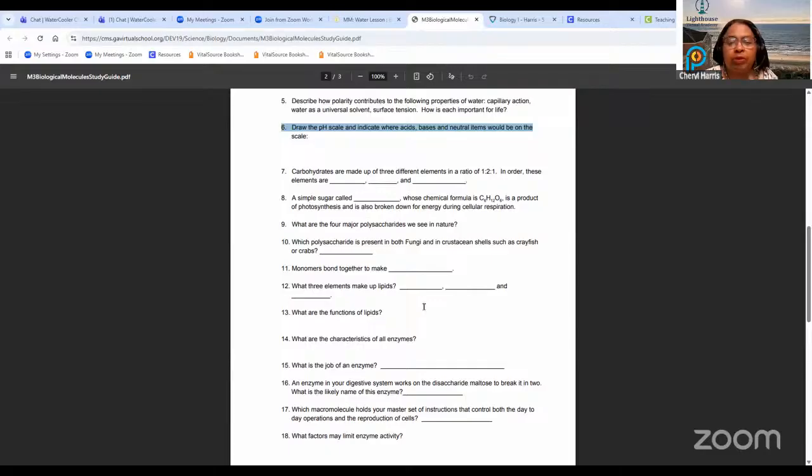For the most part, you just need to know that sucrose is glucose and fructose. That makes the table sugar. That's a disaccharide. All right, polysaccharides are present in both fungi and crustacean.